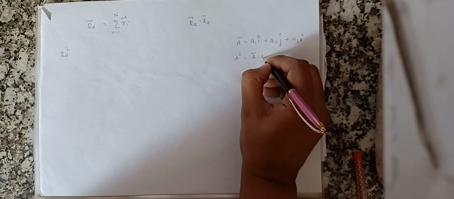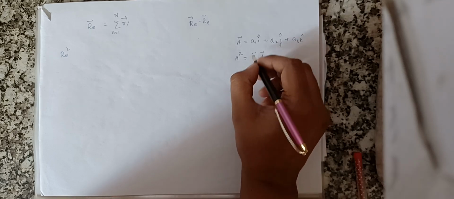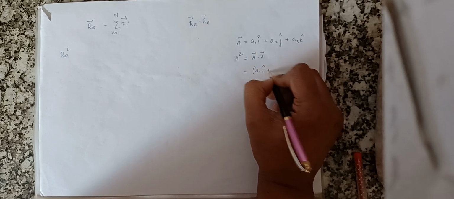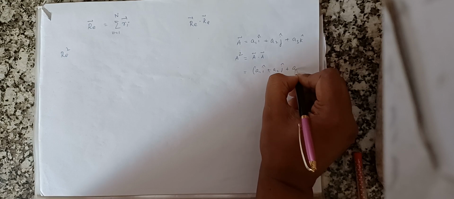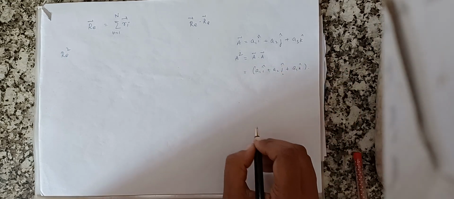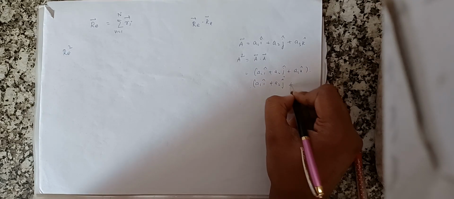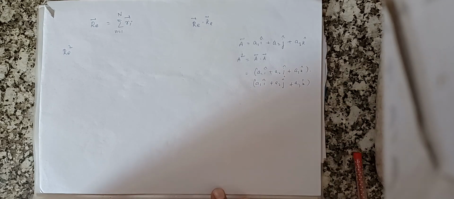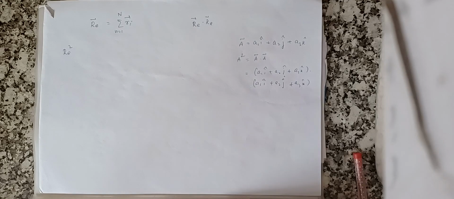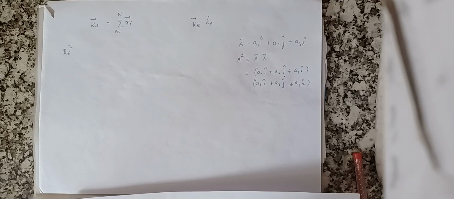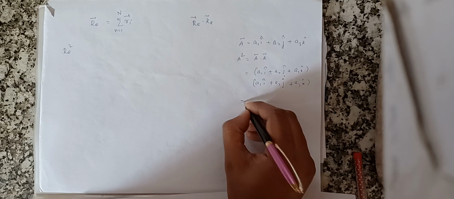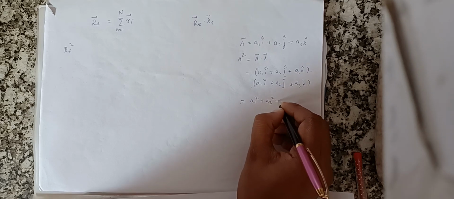A dot A. If I do A dot A, then what will happen? a1 i hat plus a2 j hat plus a3 k hat, a three-dimensional vector, dotted with again a1 i hat plus a2 j hat plus a3 k hat, right? Dot product means if you take a dot product of i with i, it is 1. If you take the dot product of j with j, that is 1. And if you take cross terms like i dot j or i dot k, they are 0. So the only terms surviving will be a1 square plus a2 square plus a3 square.